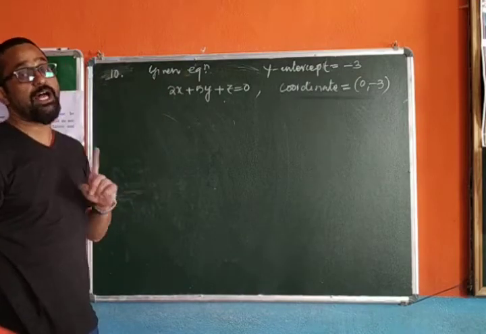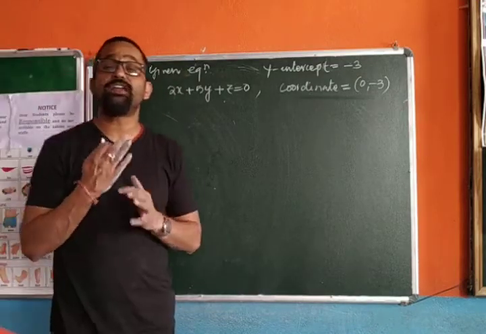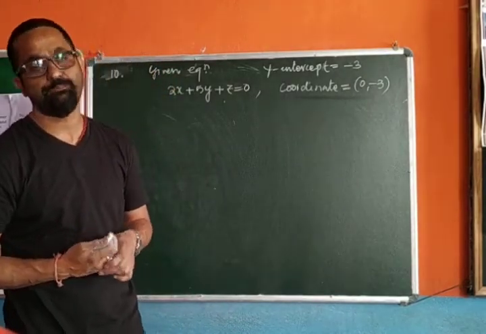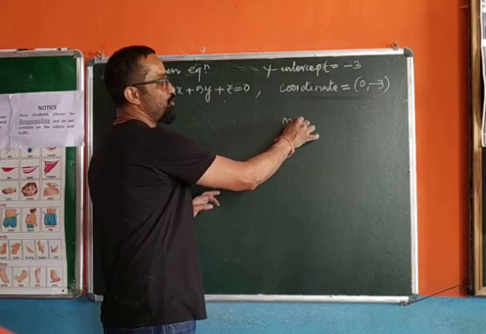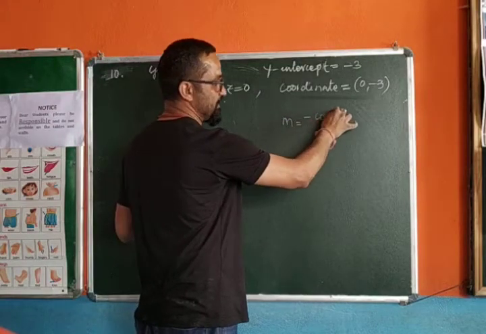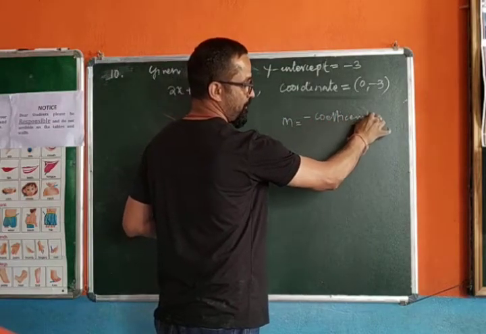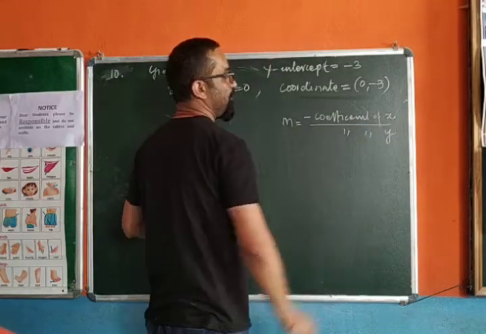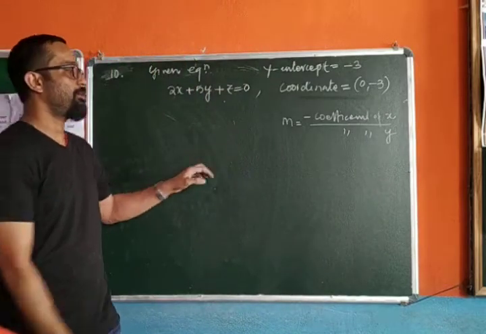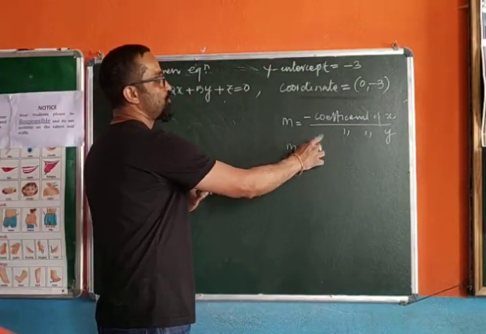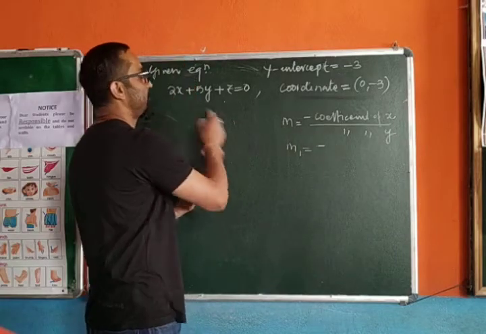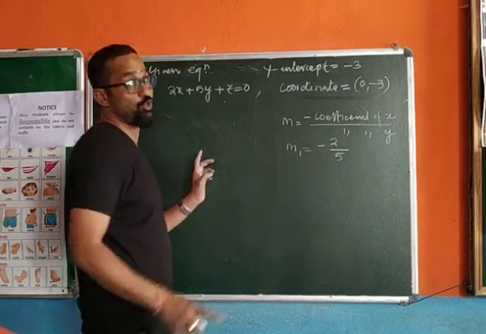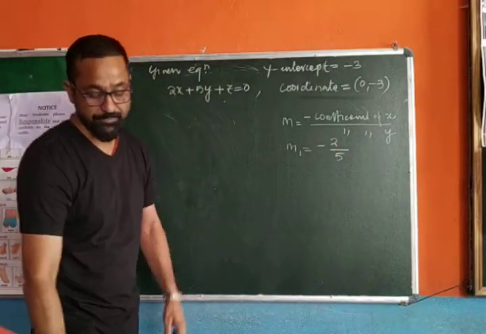Equation is given to calculate the slope, and you can calculate directly without making y the subject of the formula. m equal to minus coefficient of x divided by coefficient of y. You can use this formula. m1 is equal to minus, coefficient of x is 2, coefficient of y is 5. Directly you get the slope as minus 2 by 5.